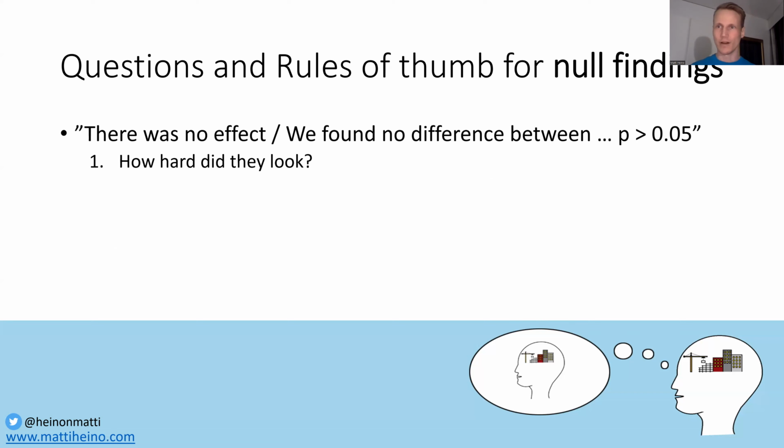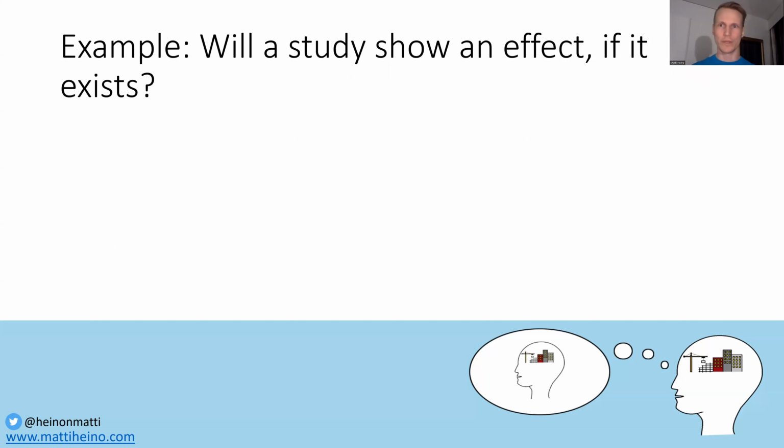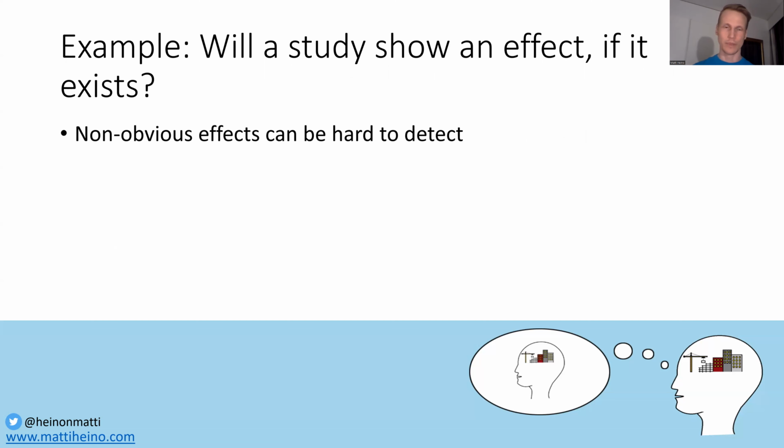Because the harder you look, the more likely you are to find something. One example of this is that the more data you collect, the more likely you are to see an effect. The intuition is that if there is an effect that's not obvious, it can be hard to detect.